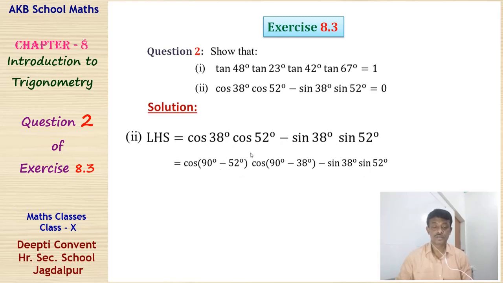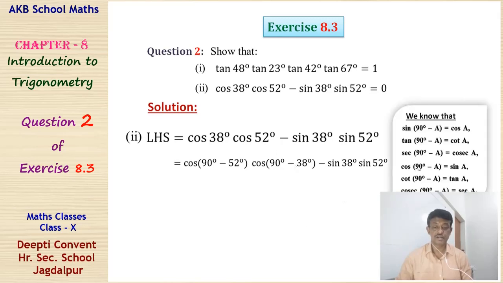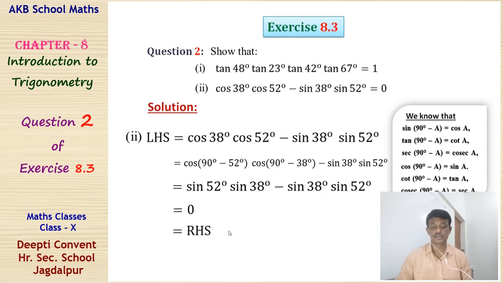So cos(90 minus 52) and cos(90 minus 38). Now using the table, cos(90 minus A) equals sin A. So we get sin 52 and sin 38. Both are the same value, so this equals 0. So this is the right hand side, and this was the proof. So finally we have solved question 2 of exercise 8.3.